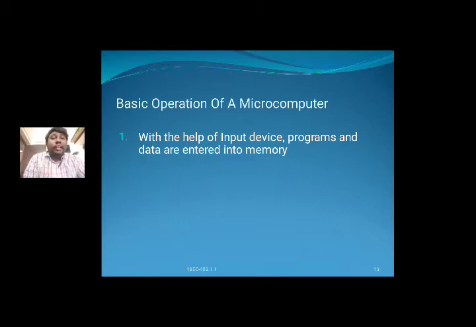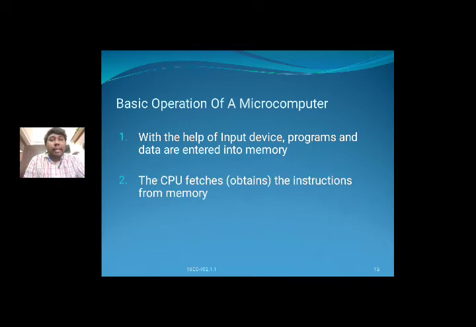Some points related to the basic operation of the microcomputer. The first point is, with the help of input devices, the programs and data are entered into the memory.